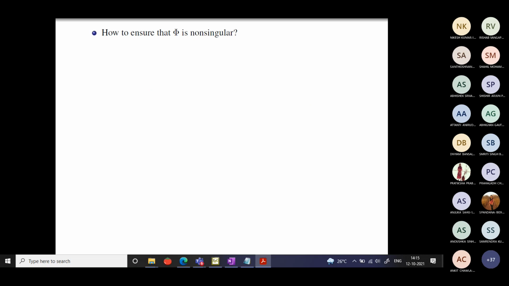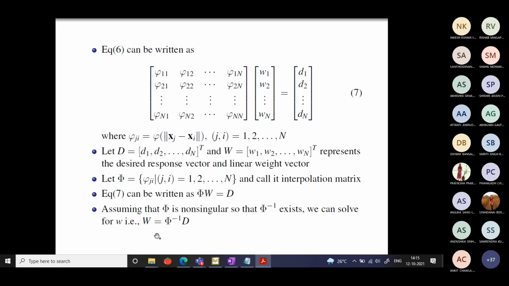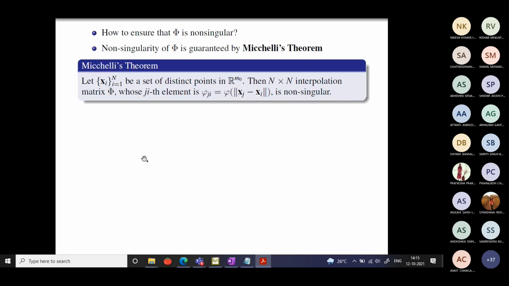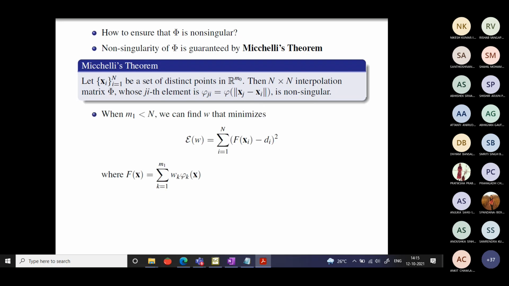To find the weights, we need to ensure that the interpolation matrix is non-singular, so that its inverse can be found. There is Micchelli's theorem, which ensures that if the data points are distinct, then the interpolation matrix so formed will be non-singular. It is guaranteed, and we are not going to prove it.